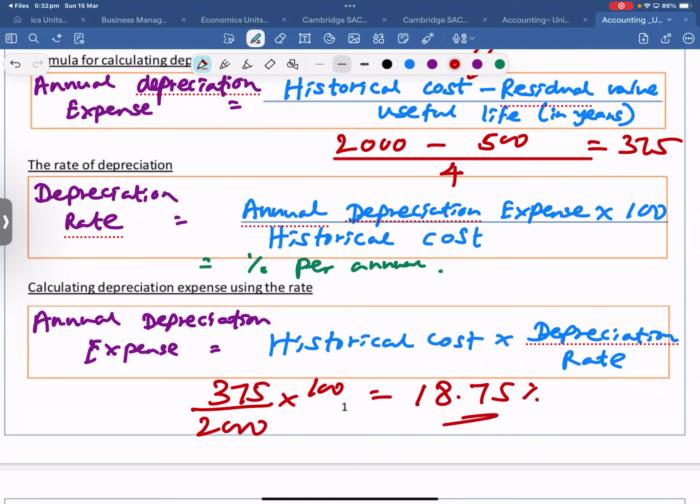If it is a rate, it is per annum, always. You don't have to write it. For accounting, you don't have to write it.